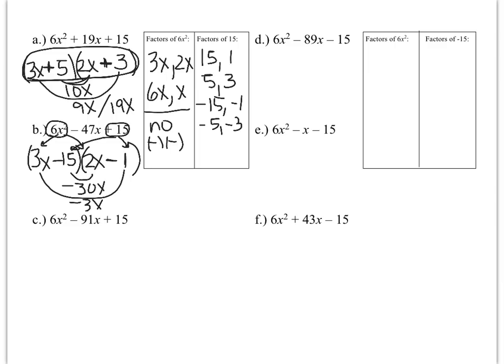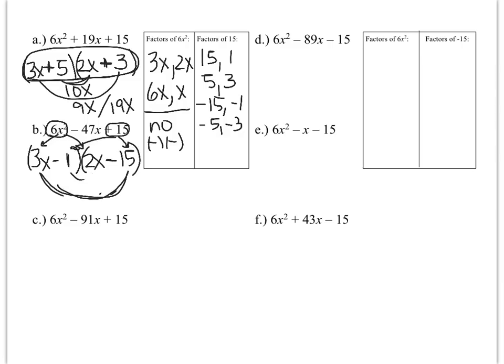So let's think, if I switch the 15 and the 3, whoopsie, wrong tool, trying to erase, if I switch the 15 and the 1, sorry, that might help me. So now if you think about it, if I put the 15 here, that's going to get multiplied by the 3x, right?